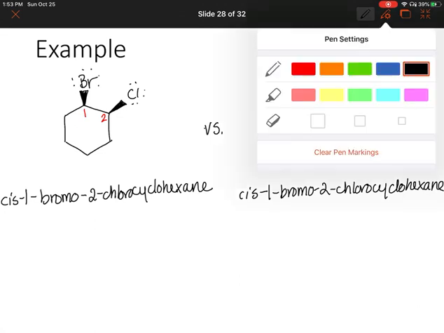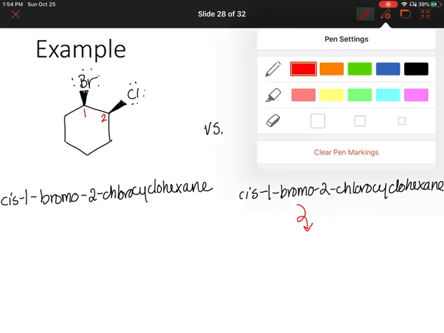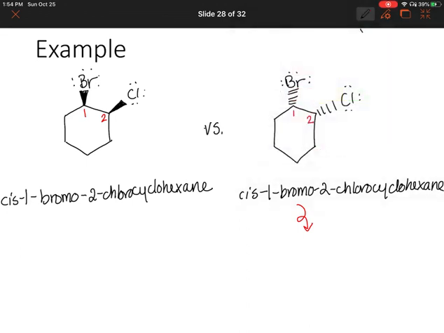Well, let's see. Let's try to rotate that molecule so that it is in a similar position to the first molecule. So let's just rotate it like a piece of paper. We're flipping it over.